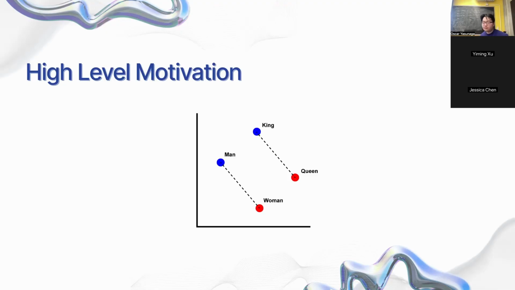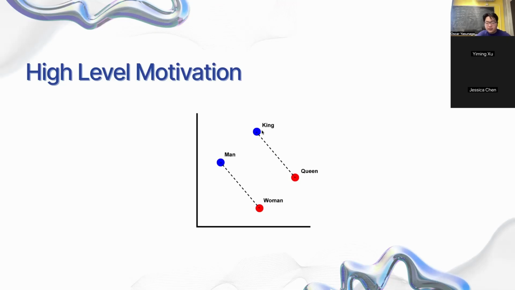The most famous one is that you have this word embedding matrix that embeds a direction for king and queen, and the difference between these two directions would control a gender direction, or gender vector, right?